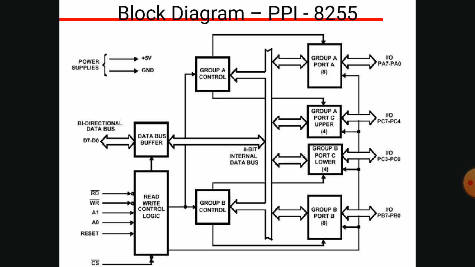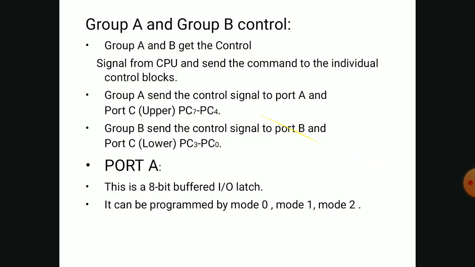Here we have only three ports, port A, port B and port C, but port C is again split into two parts, port C lower and port C upper. Port C lower is PC0 to PC3, and port C upper is PC4 to PC7.